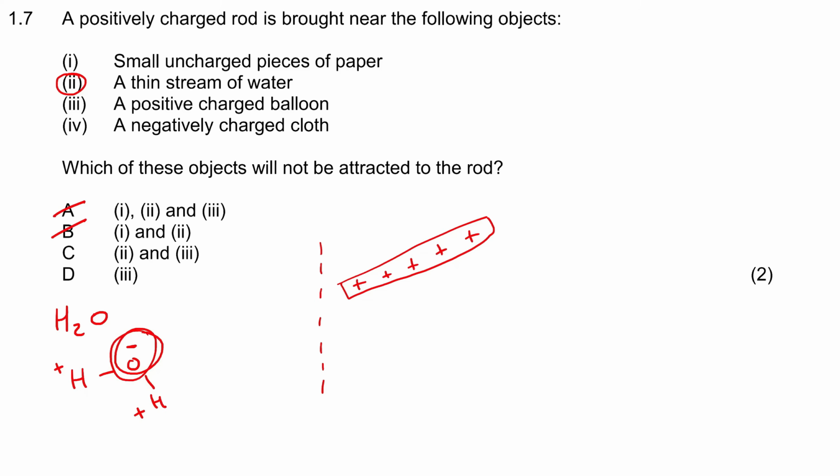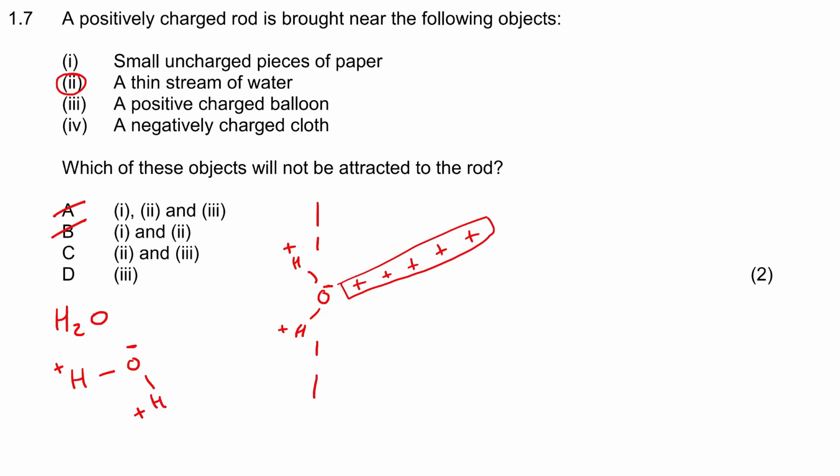And so what would happen is that the water molecules, as they're busy falling, would arrange themselves like this, where the oxygens will be facing the positive rod, because the oxygens, remember, are negative, and then the hydrogens will be further away because they are positive. And so you're going to have a whole bunch of these water molecules falling, and the negative oxygens are going to be attracted to this.